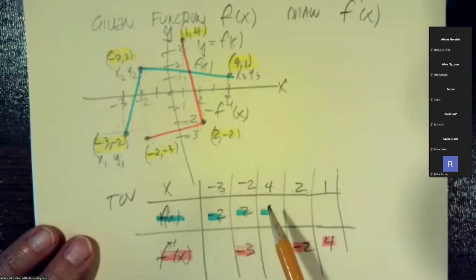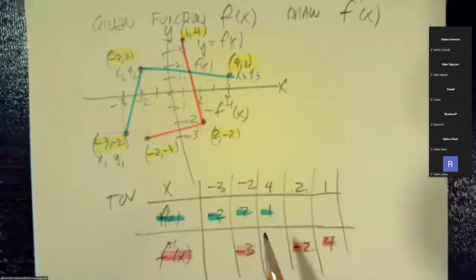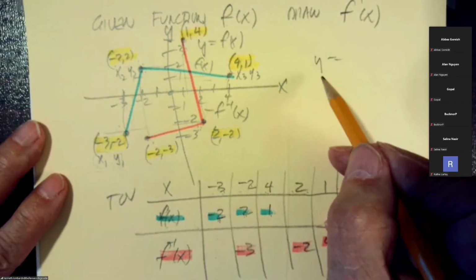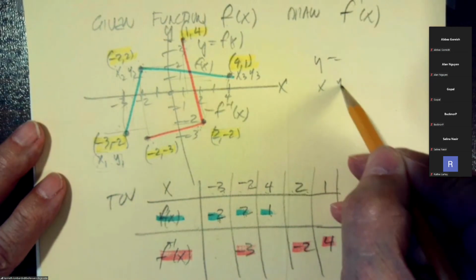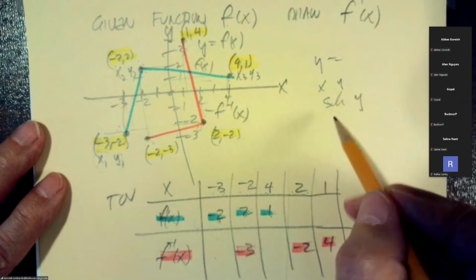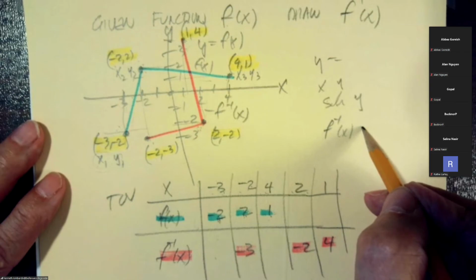And so when you're talking inverses, if you're given an equation, you can solve by doing the 4 steps we talked about: substituting y equals, then swapping the x and y values, then solving for y, and then substituting f inverse for y.